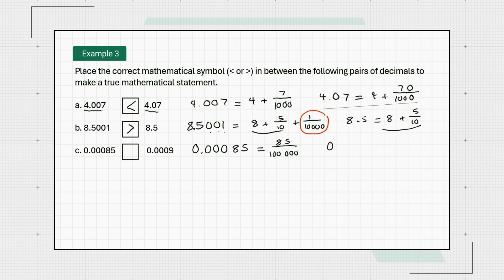And then we have 0.0009, which is 9 out of 10,000. And we can add an extra 0 to both the top and the bottom, so it becomes 90 out of 100,000. So this is going to be our larger answer.